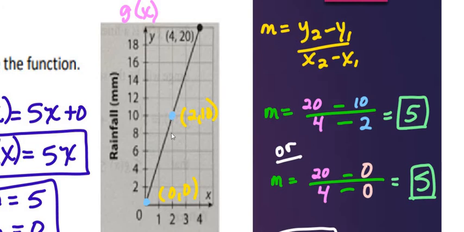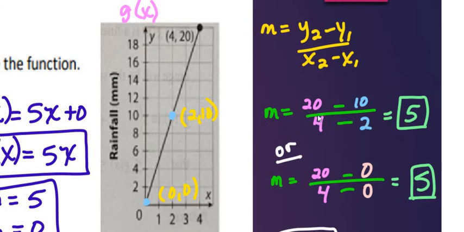And I have a corner right here and a corner right here and a corner right here. I can use any two sets of ordered pairs and put it in slope intercept form. So I use this first one right here, and I wrote out both of them. You just have to write out one. It does not matter which ordered pair that you use, you will get the same final answer.